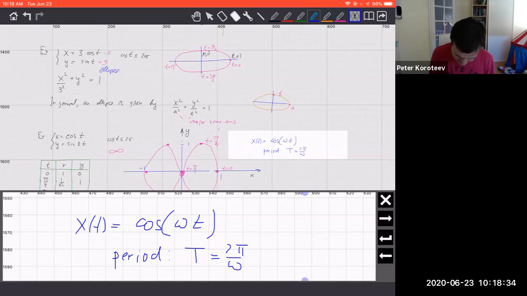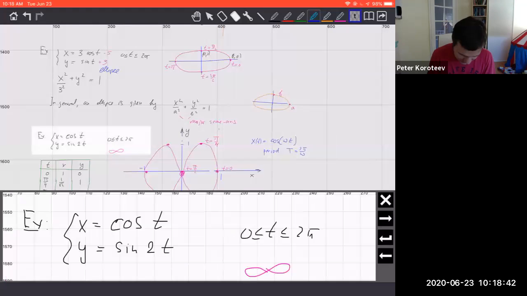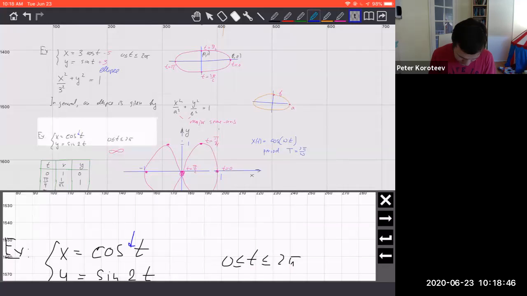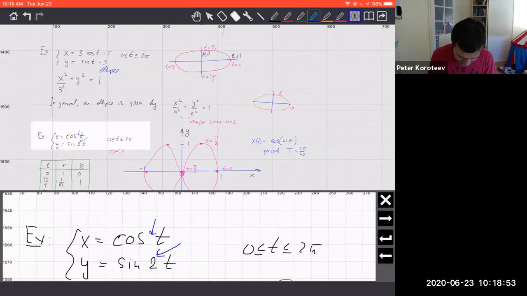When t is equal to the period, the argument changes by 2 pi. So for example, here we have 1, here we have 2, right? So the period of the x function is twice bigger than the period of the y function.